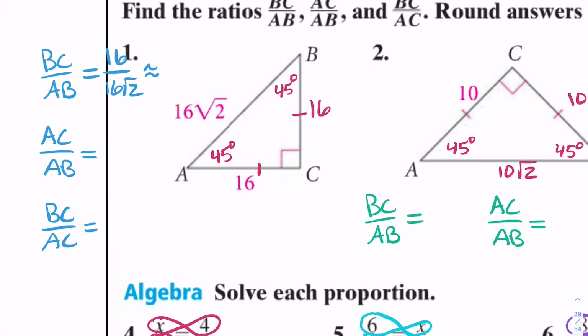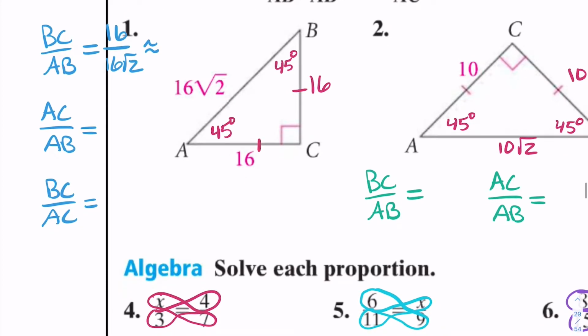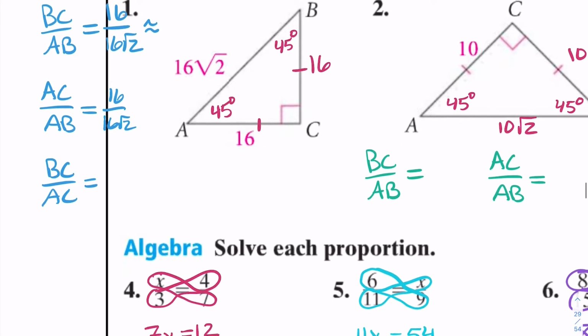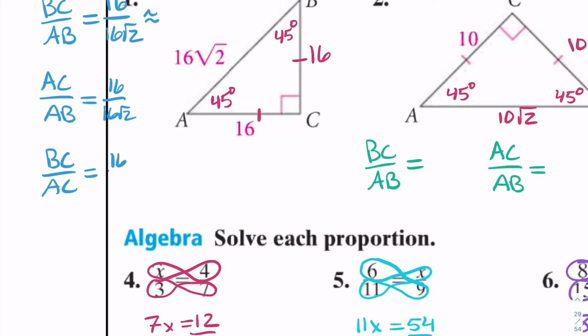Okay, AC over AB is also 16 over 16 square roots of 2. And BC over AC is 16 over 16, which is exactly 1. So that's exactly 1.